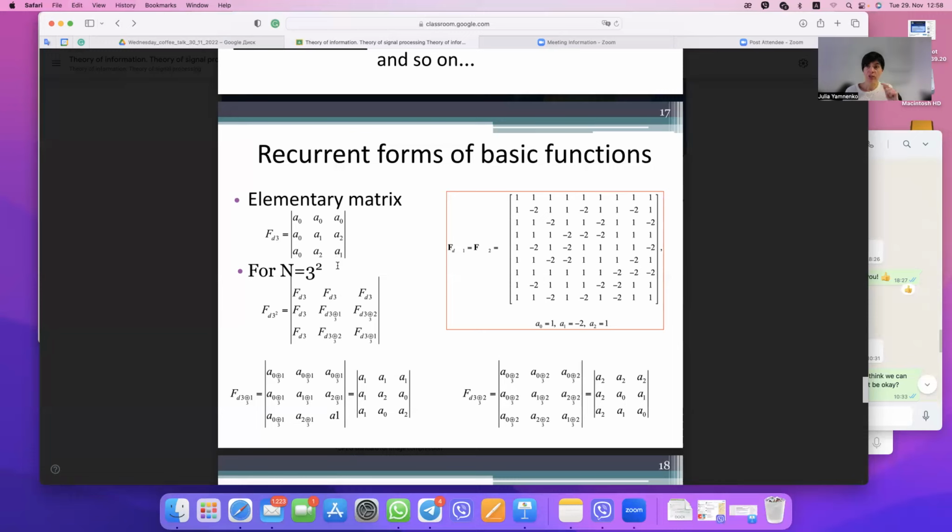Then, using this elementary matrix, we could construct the next dimension. It's the matrix 3 squared, so 9 by 9. And the logic of this construction will be the same. So instead of A0, here in the matrix of the next dimension, we will put this elementary matrix FD3.